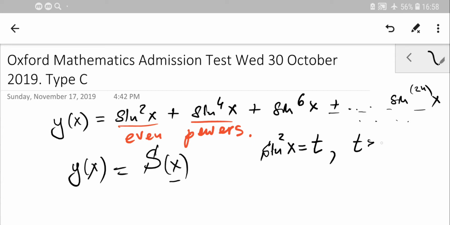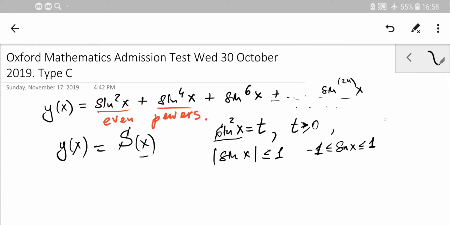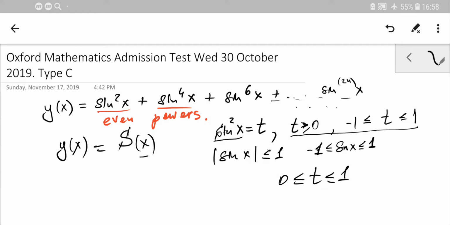Immediately we put conditions on t: t is more or equal to 0, because sine squared is never negative. Also, sine x is a bounded function, so minus 1 is less or equal to sine x, which is less or equal to 1. Combining the two conditions, t should be more or equal to 0 and less or equal to 1. That's our key limitation here.